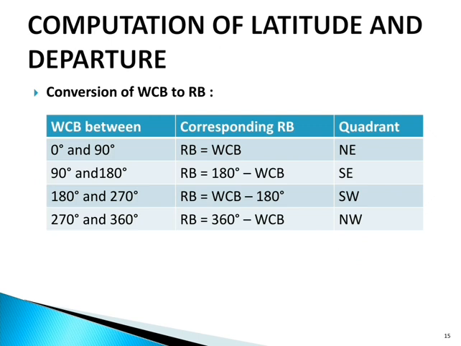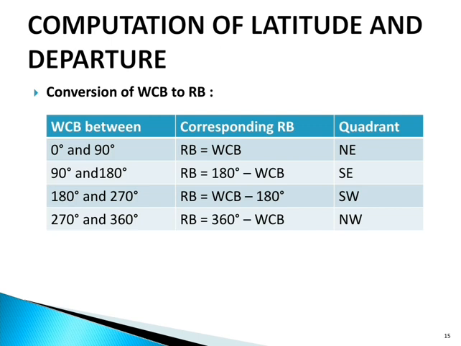Let us see the various conversions for computation of latitude and departure. First of all, conversion of whole circle bearing, WCB, to reduced bearing, RB. When WCB is between 0 degree and 90 degree, the reduced bearing is equal to the whole circle bearing, and its quadrant is north east.